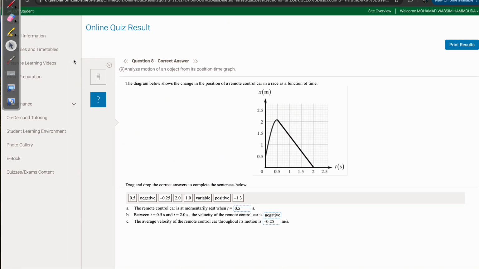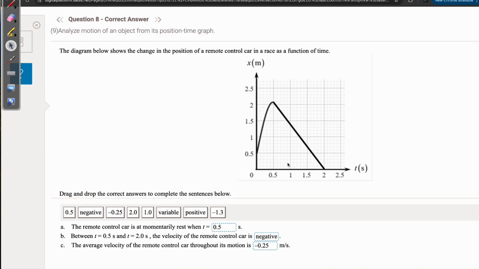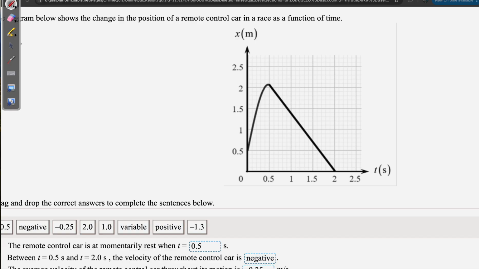The average velocity of the remote control car throughout the motion. We're going to take the final point and the initial point: 2, 0 and 0, 0.5.